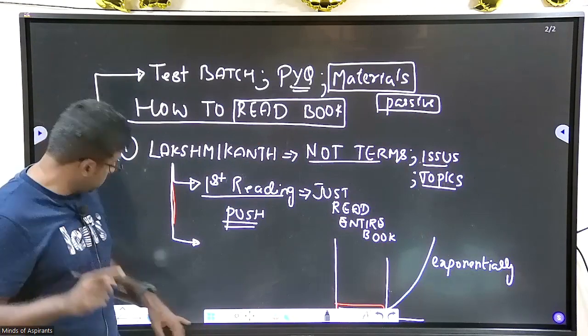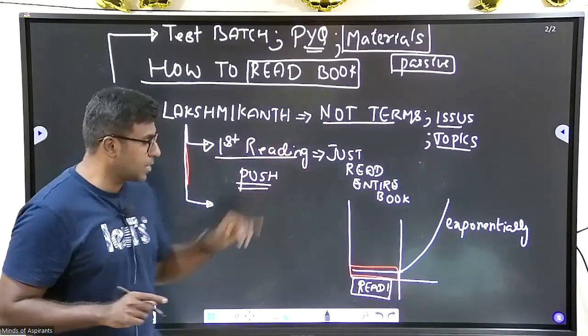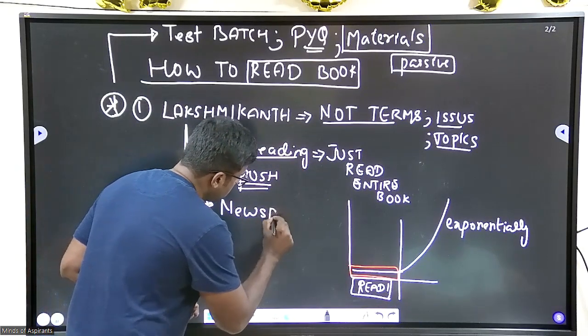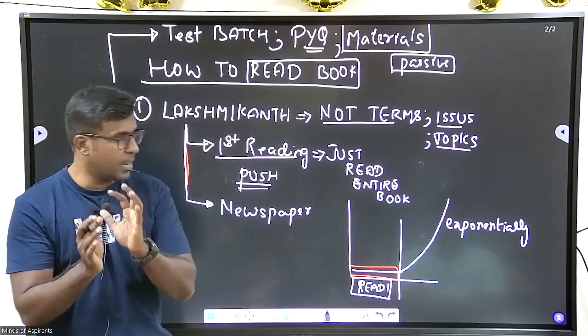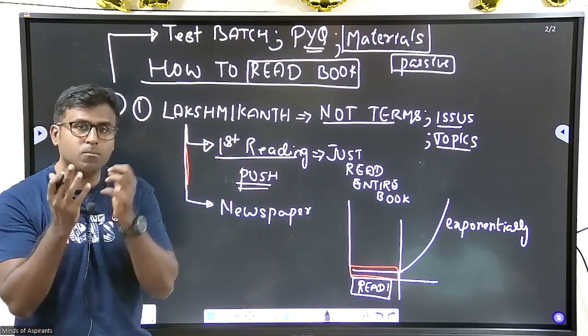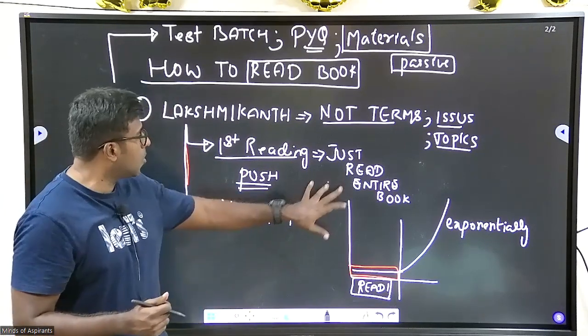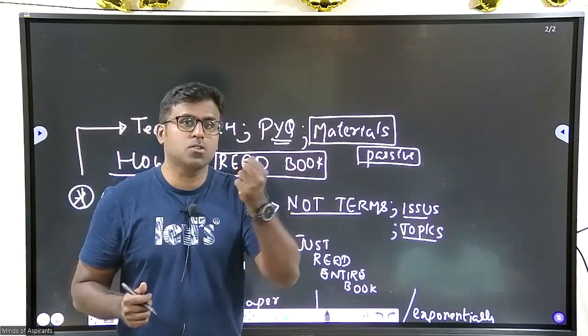But the point which I wanted to say was, during this first reading is when you should read the newspaper. This is where your brain is getting molded. If you give in to your desires, you will not concretize your concepts.